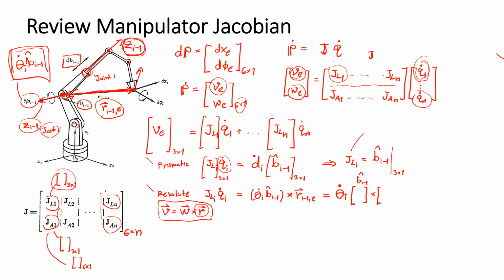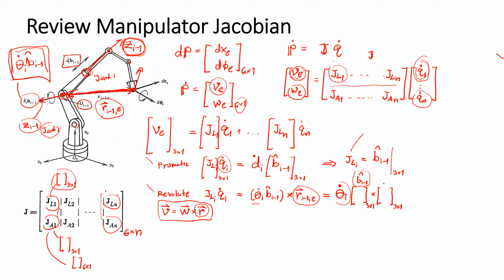And yeah, sorry. We have the magnitude of the joint speed, and we have the unit vector that indicates the direction of the omega of the joint speed, and the cross product with the relative position vector.